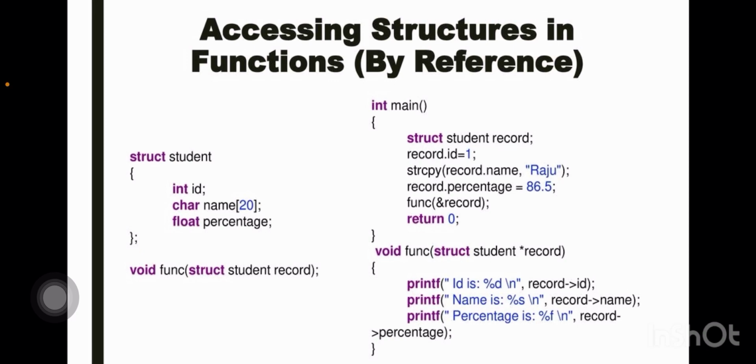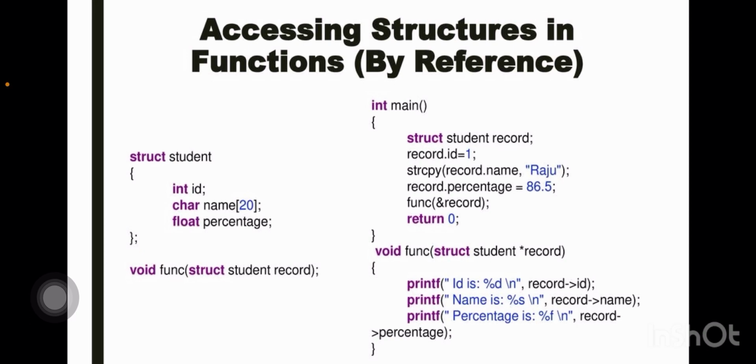And to access the members of the structure we are using the member access operator, that is hyphen and angular bracket, ->. We can access all the members of the structure, ID, name and percentage, using record and the member access operator. So here we are accessing the members of the structure using the reference variable, by the reference method.